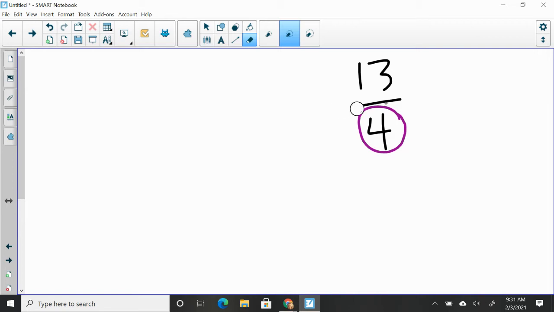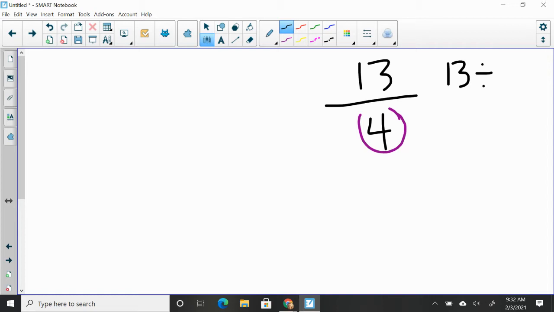So if I have 13/4, this means 13 divided by 4. All right. So if I have 13 divided by 4, I could write it like this. And I would say if I had 13 and I wanted to divide it into 4 groups, how many would I be able to put into each group?